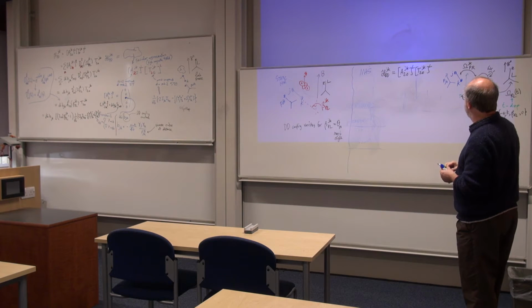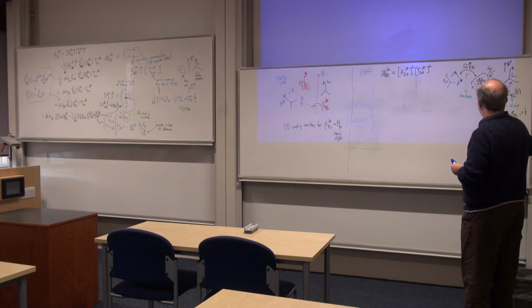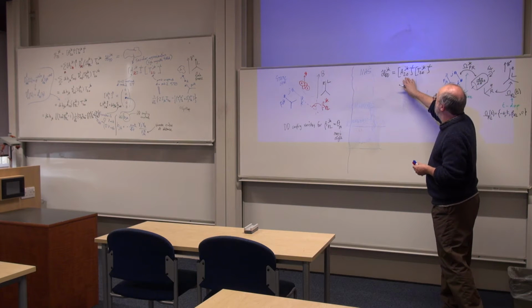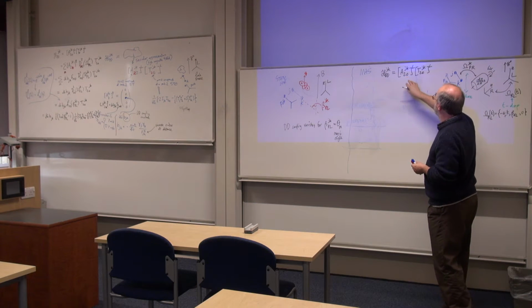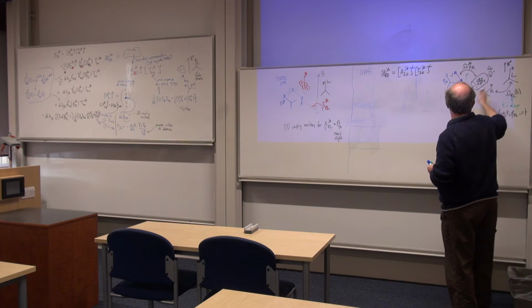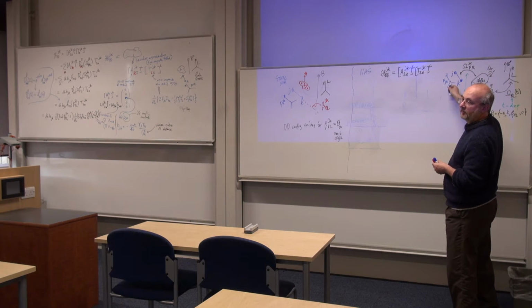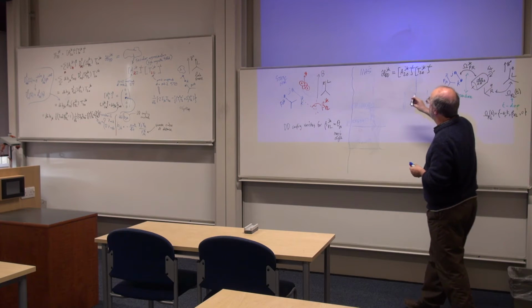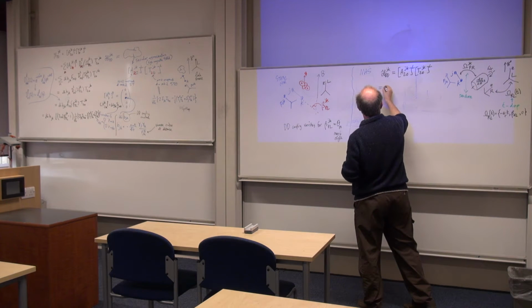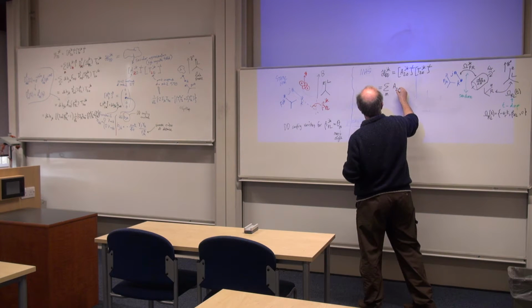And now I can transform. What I want to do is get this back from the lab frame through the rotor frame to the principal axis frame. So I just start turning the handle. First of all, I can go to the rotor frame.